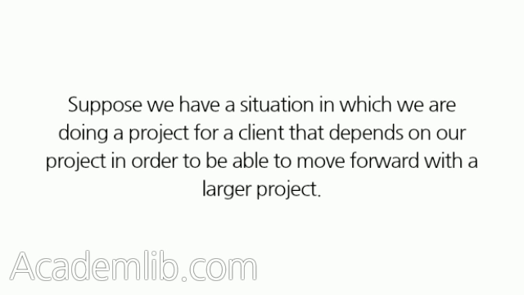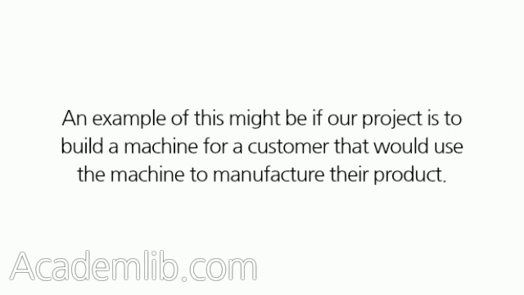Suppose we have a situation in which we are doing a project for a client that depends on our project in order to be able to move forward with a larger project. An example of this might be if our project is to build a machine for a customer that would use the machine to manufacture their product.